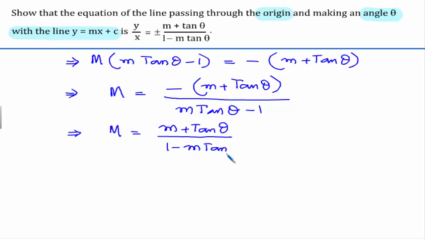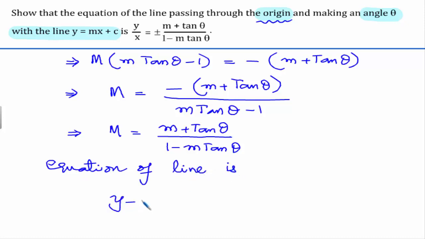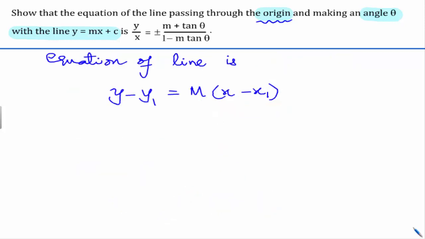Now given that the line is passing through the origin, so equation of line is y minus y1 is equal to M into x minus x1. As the line is passing through the origin, it is y minus 0 is equal to M into x minus 0.